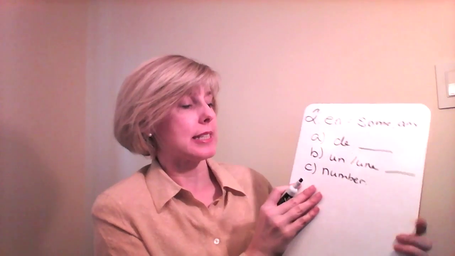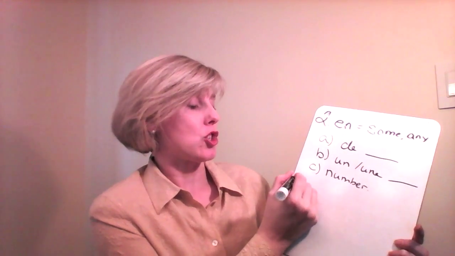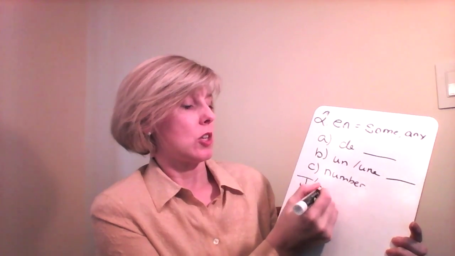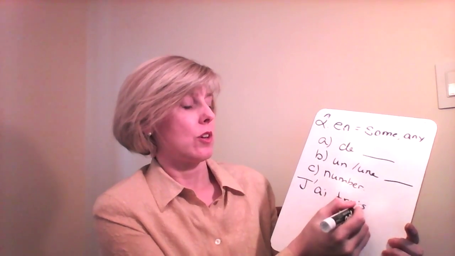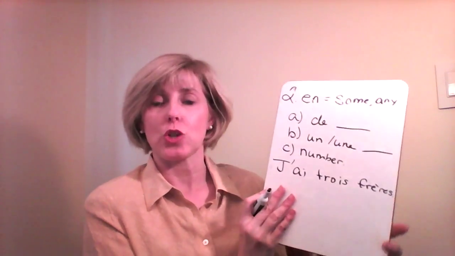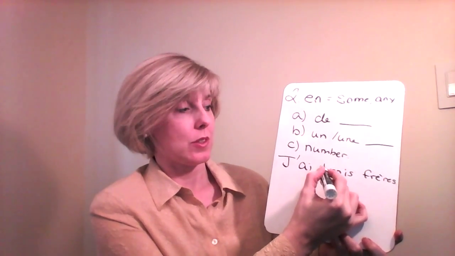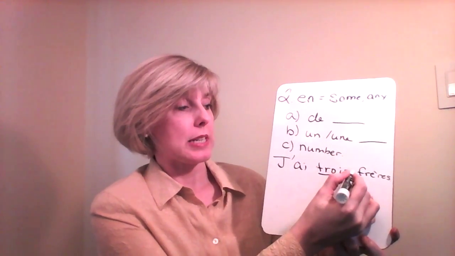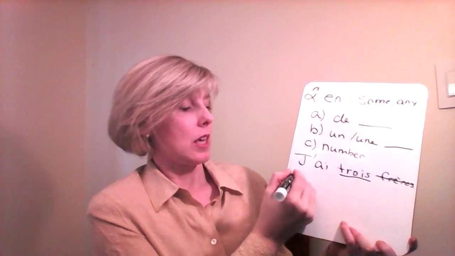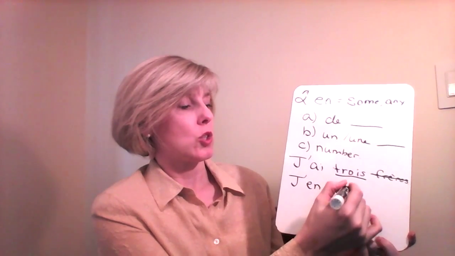So I would say, j'ai trois frères. I have 3 brothers. Or I could say, I have 3 of them. So here's a number. So I'm going to take out frère, and I replace it with en. J'en ai trois.